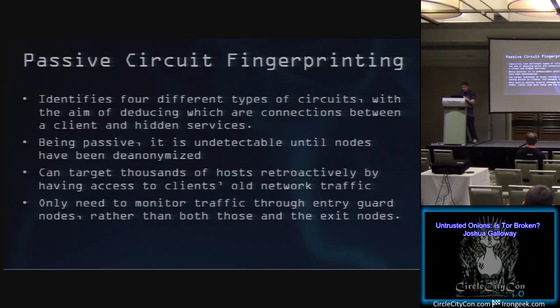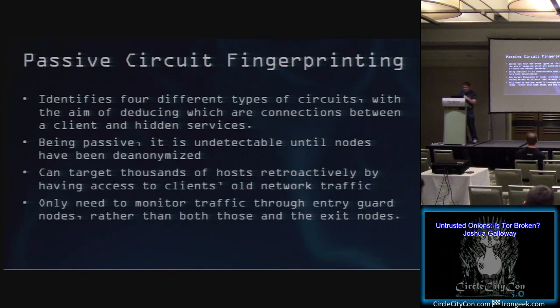But it requires that traffic can either be monitored through the ISP or through entry guard nodes. So entry guard nodes have to be compromised, whereas a lot of other de-anonymization attacks on Tor require both the entry guard node and the exit node to be compromised.